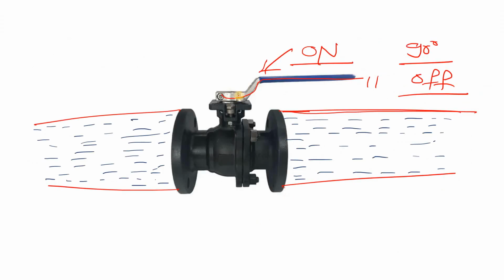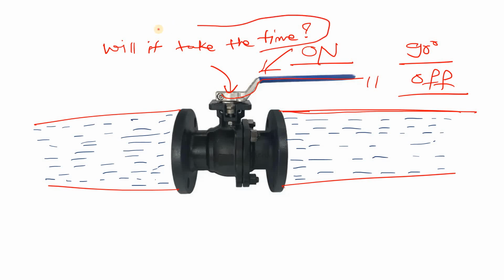So tell me one thing, whenever you have to close or open this valve, will it take time, or will it take more time? Let's suppose an emergency occurs and you have to stop the pipeline, or stop the flowing fluid from going to the downstream section.